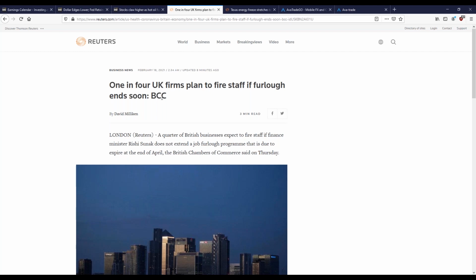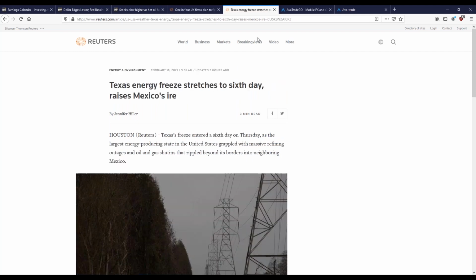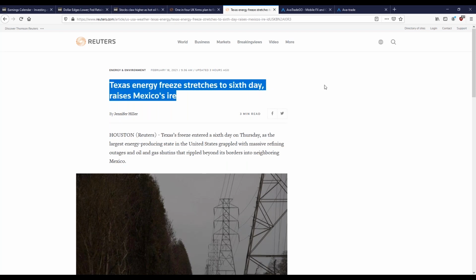So if you can catch high points on the pound against maybe the yen or something, if you think things could turn bad in the UK based on these types of headlines, you could start doing technical analysis to find entries with the pound. And the energy freeze in Texas, if you're not aware of what happened there, all the windmills froze up. All these green energy initiatives have backfired a bit.